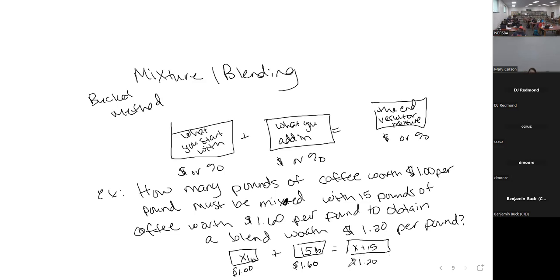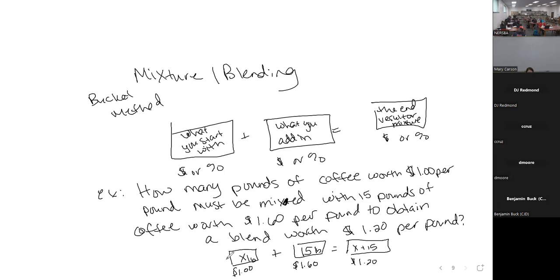Does that make sense how I use the bucket method? So we don't know how many we start with in this coffee, and it's $1 per pound. The next one is mixed with 15 pounds of coffee worth $1.60. And that's going to be equal to them blended together, which will be x plus 15, and that's for $1.20.